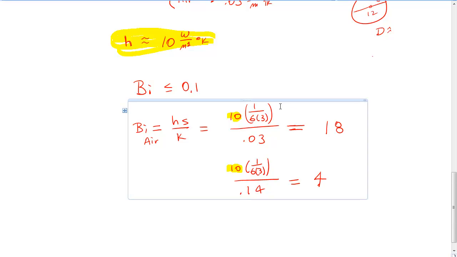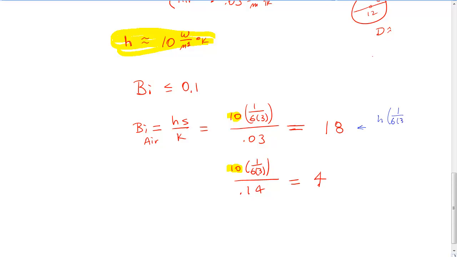Okay, so the way I will do this is I'm going to look at this particular case and ask, what would H have to be for this to be 0.1? And if I did it correctly, I would have gotten a value of 0.054.